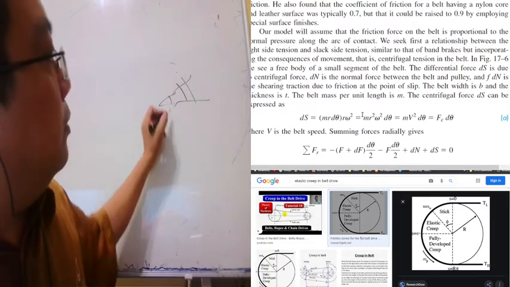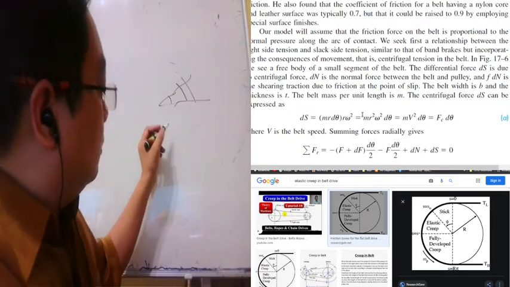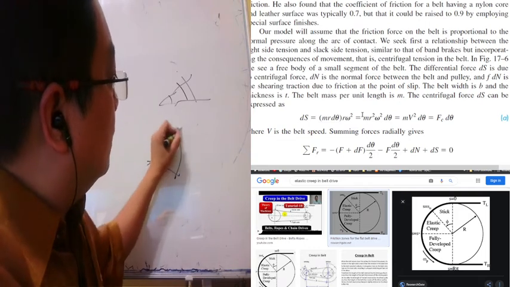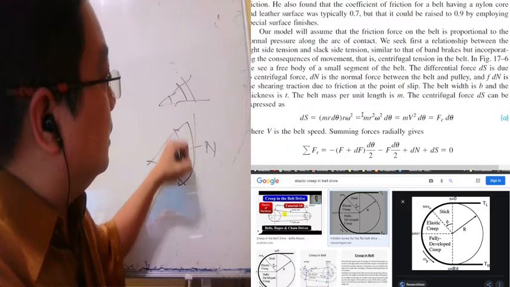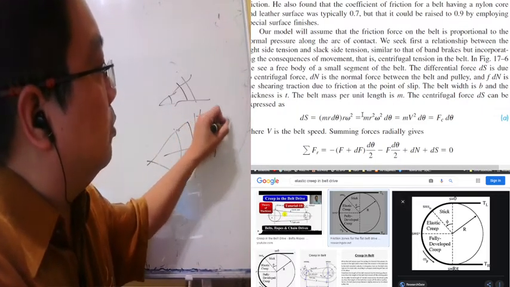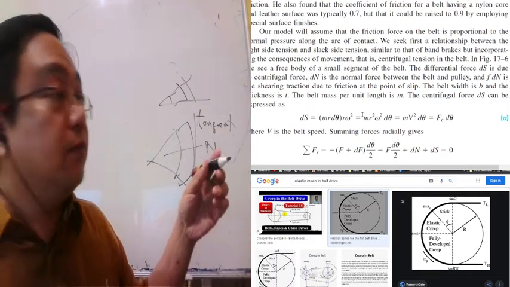You remember when in trigonometry class in mathematics, you learned about this angle. They have a normal force, a tangent force, and everything, and then there is a friction force.